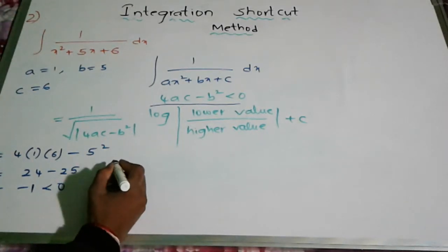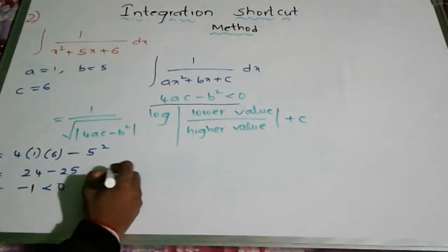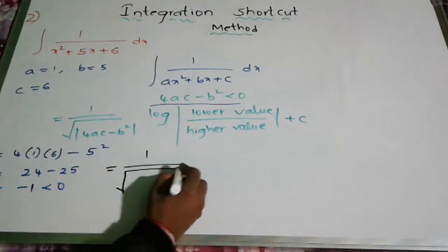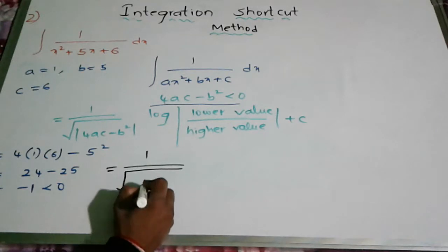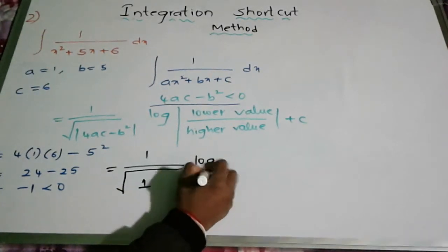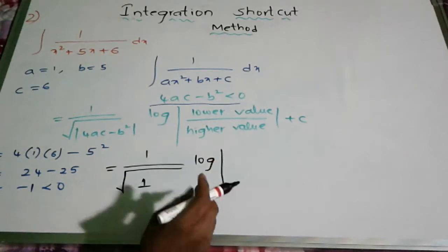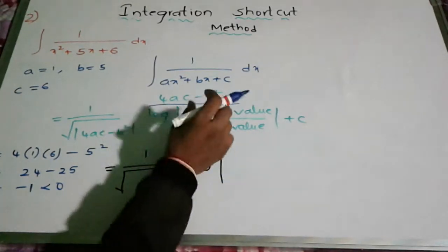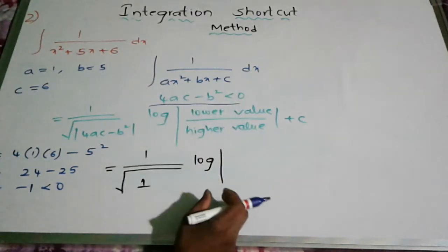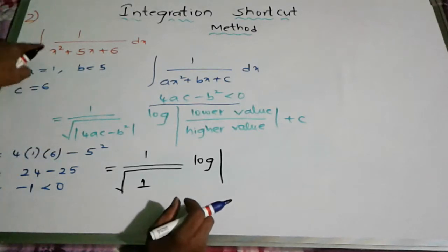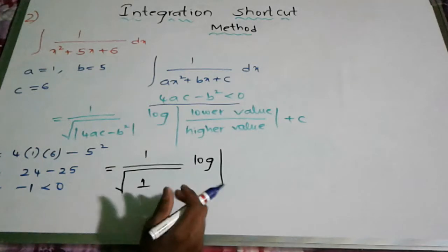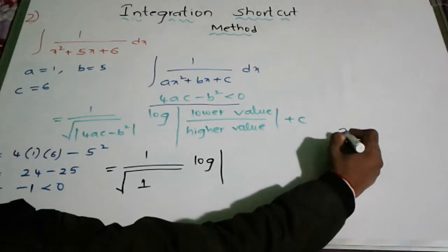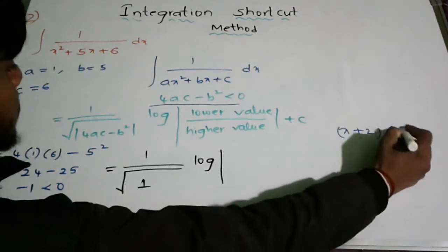So for that I'm substituting the values. 1 upon root, here mod 1 means 1, right? And log of, here I said the factor which is giving lower value has to be written in the numerator part, and the factor which is giving higher value has to be written in the denominator part, and I'm writing these factors, that is x plus 2 and x plus 3, right?